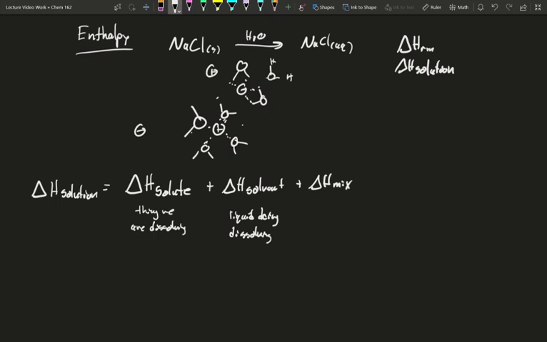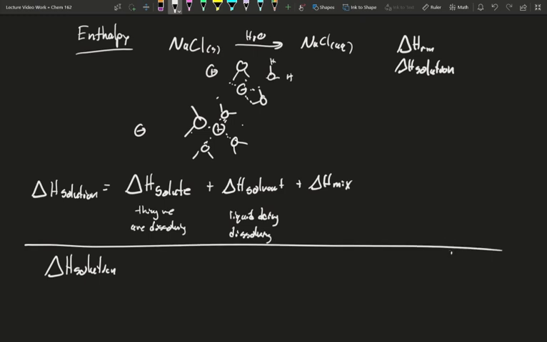In water, we tend to have these values calculated out, and so the terms can be a little bit different. Delta H of the solution, in terms of when we want to talk about ionics in water. Well, what is holding the ions together? It's the lattice energy.